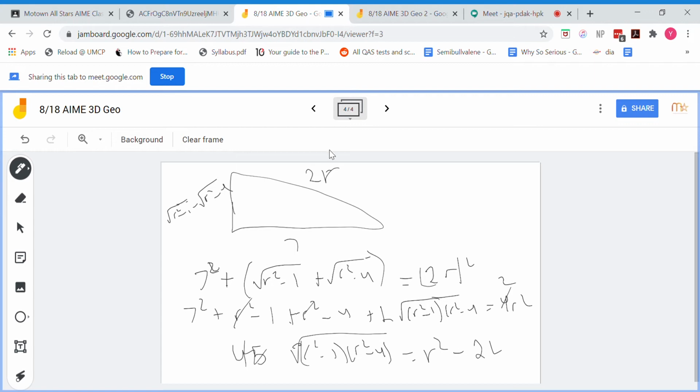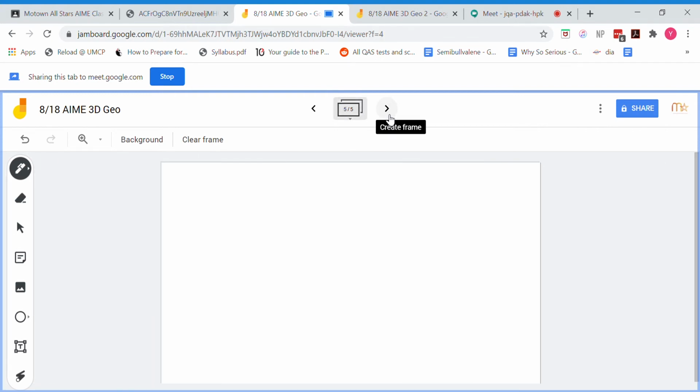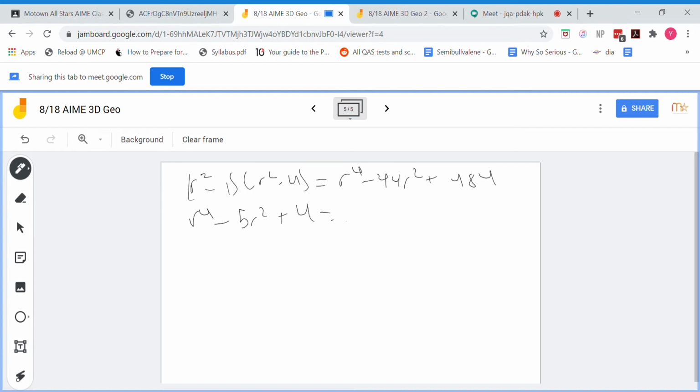And so if we re-square both sides, it's a general technique for solving these kinds of equations. R squared minus 1 times r squared minus 4 equals r to the 4th minus 44r squared plus 484. And so this gives us r to the 4th minus 5r squared plus 4 equals r to the 4th minus 44r squared plus 484.